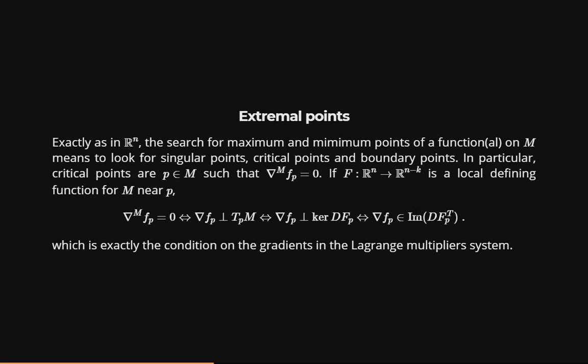It means to be a linear combination of the rows of the matrix, and the coefficients of the linear combination are the multipliers of the Lagrange multiplier system. So this picture fits in the Lagrange multiplier picture, and it is exactly the same thing. We have just found an intrinsic way to talk about this.